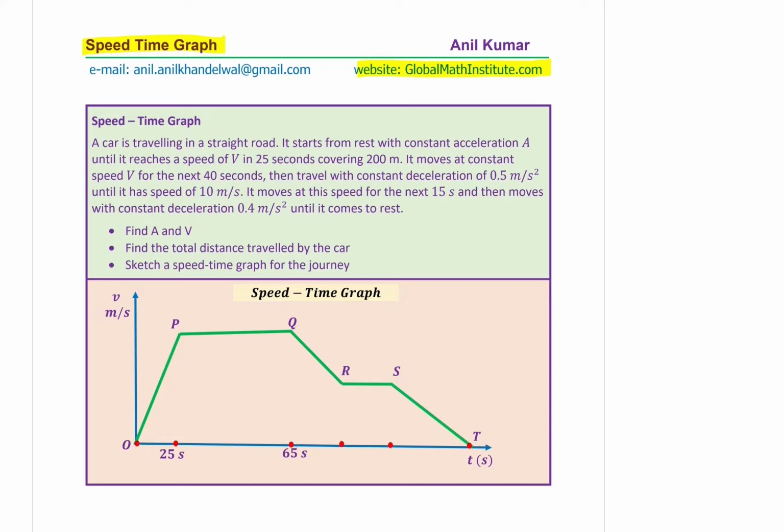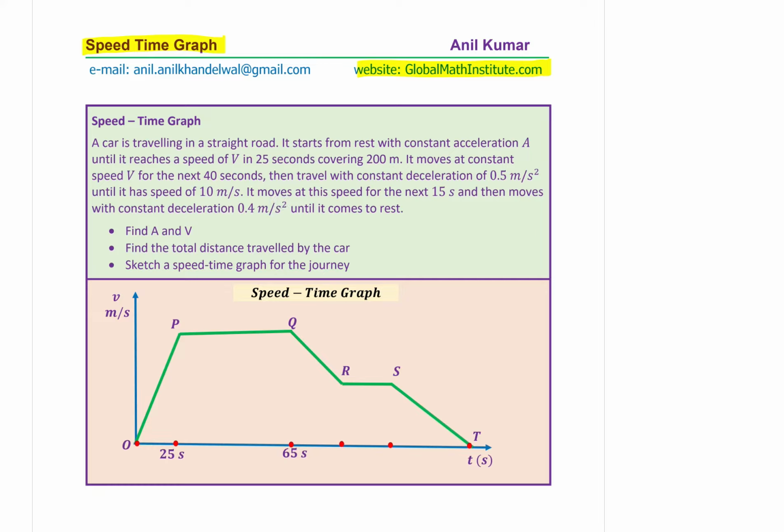The question here is a car is traveling in a straight road. It starts from rest with constant acceleration a until it reaches a speed of v in 25 seconds, covering 200 meters. It moves at constant speed v for the next 40 seconds, then travels with constant deceleration of 0.5 meters per second square until it has a speed of 10 meters per second.